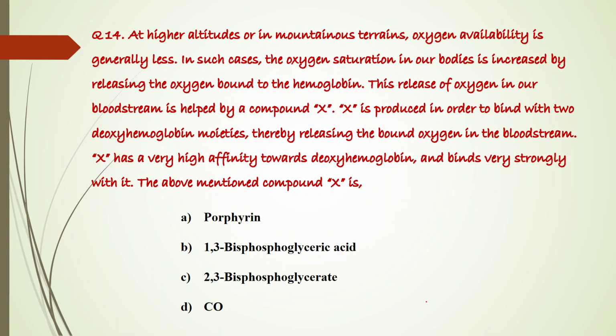This release of oxygen in our bloodstream is helped by a compound called X. Okay. X is produced in order to bind with deoxyhemoglobin moieties, thereby releasing the bound oxygen in the bloodstream. Again it states X has a very high affinity to our deoxyhemoglobin and binds very strongly with it.